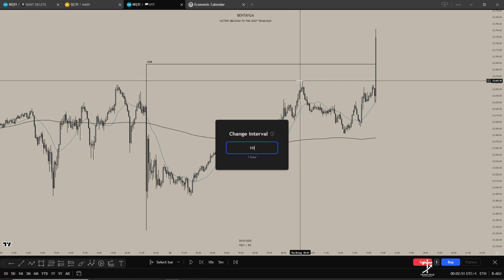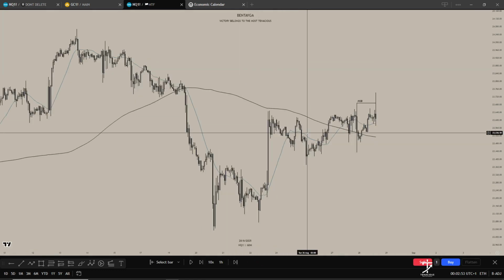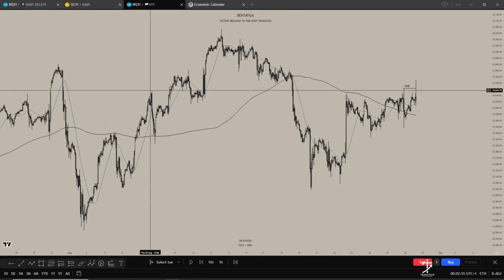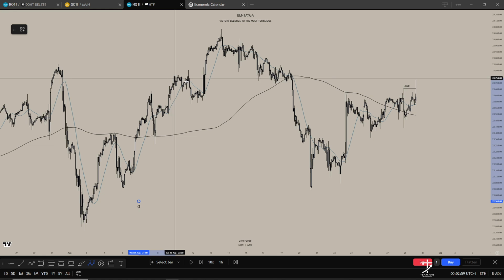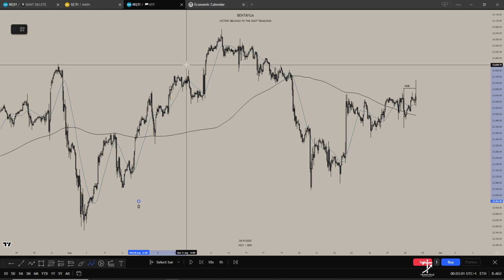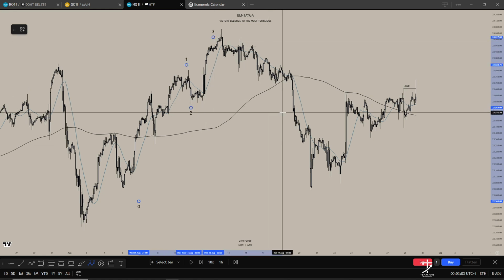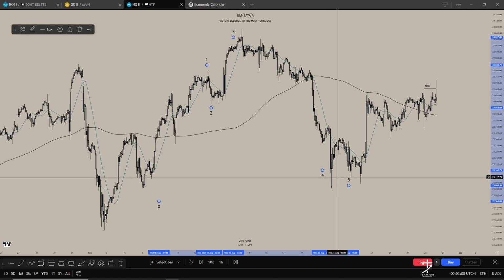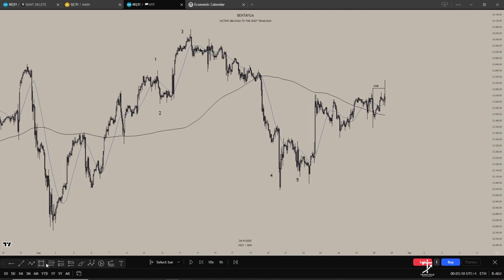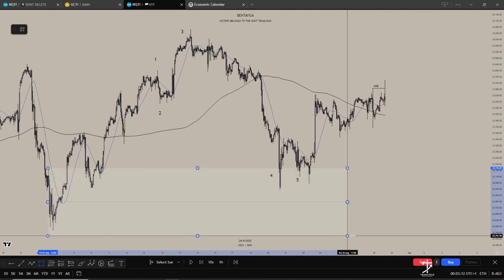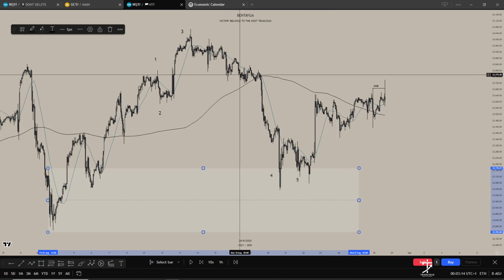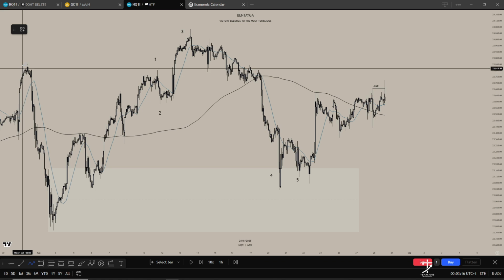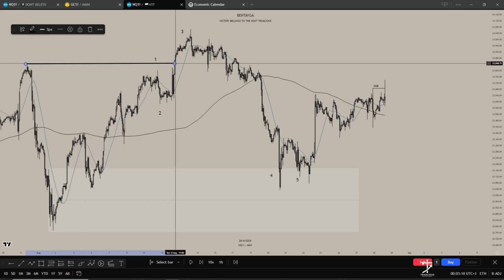And when we look at things from our 1 hour chart, we can see that depending on how you see structure, because remember, as I said before, someone might see price as 1, 2, 3, 4, 5, where price tapped into this unmitigated move origin, and obviously it's had a nice reaction back up from this potential MSB.